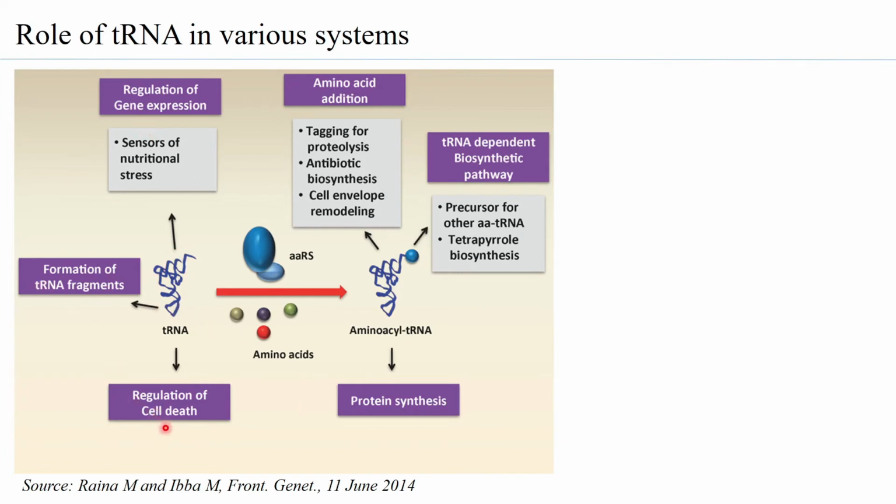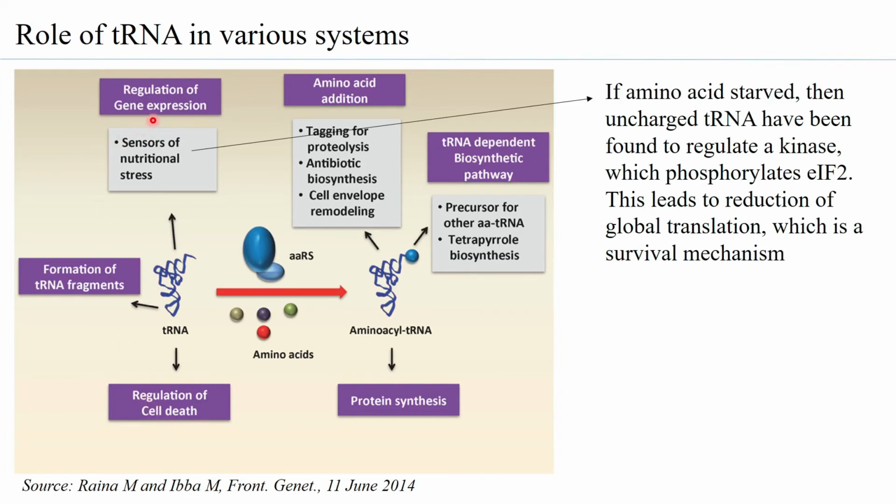various regulatory systems. So under nutritional stress condition, it has been observed that the amino acid levels are very low, so the tRNA remains uncharged, and an uncharged tRNA seems to be able to regulate a kinase, and that kinase is able to phosphorylate EIF2.